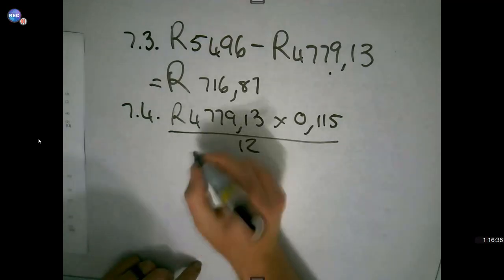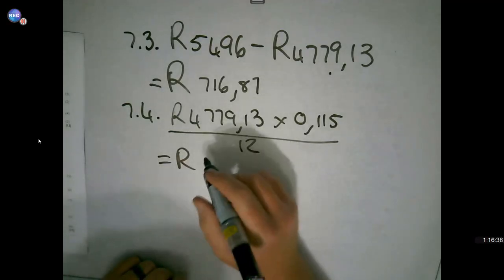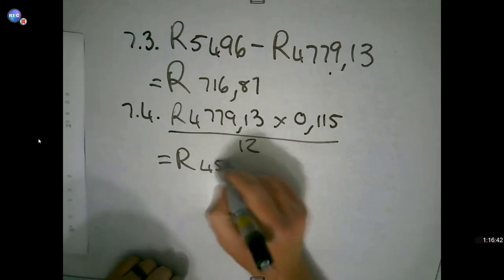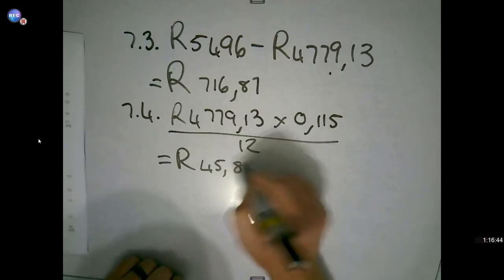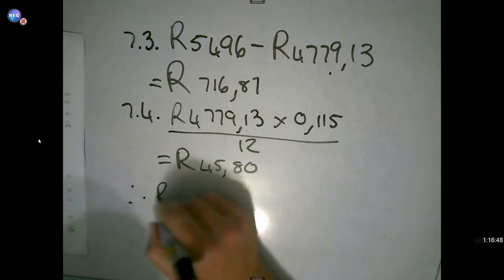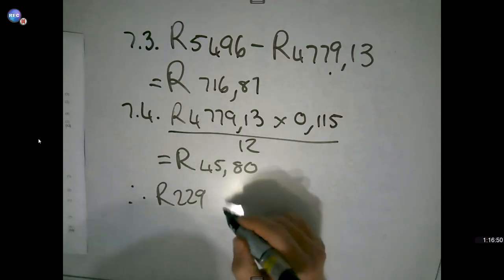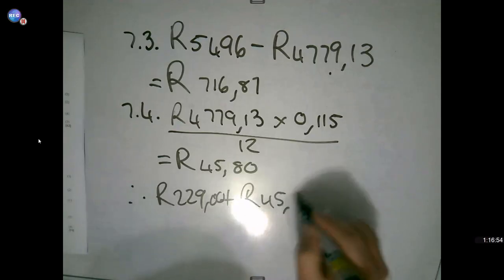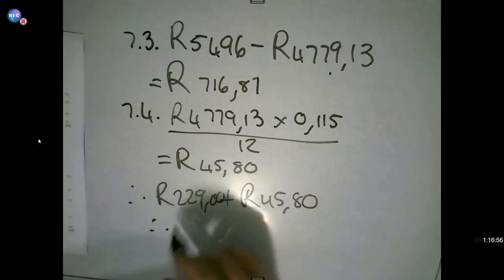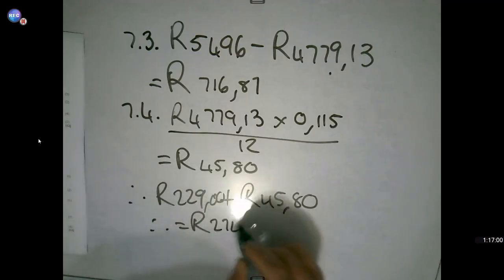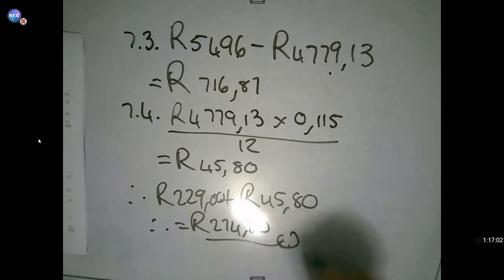And that would give you a total insurance price per month of 45 Rand and 80 cents. Then you would go and say 229, which is the price of the phone, plus the 45 Rand 80 cents. Therefore, you'll pay a total of 274 Rand and 80 cents for the phone per month if you insure it.